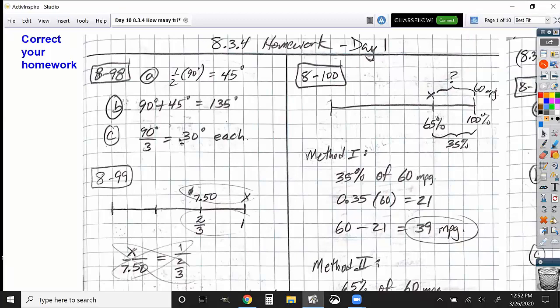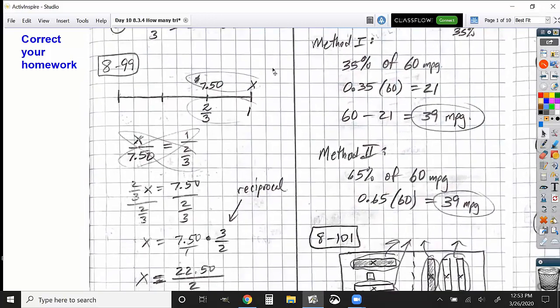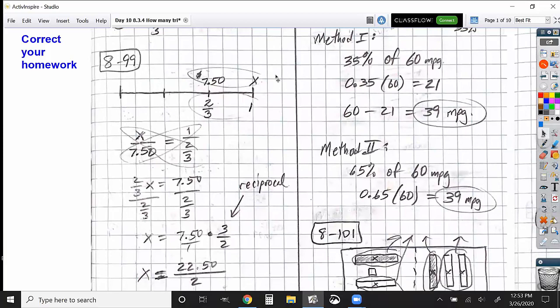So, problem 98. Half of 90 degrees was 45. Problem B, the 90 plus the 45 together made 135. And C, 90 divided by 3 is 30 degrees each. Problem 99 was a proportion problem, and I cut the one whole into thirds, and $7.50 was 2/3 of that original value.